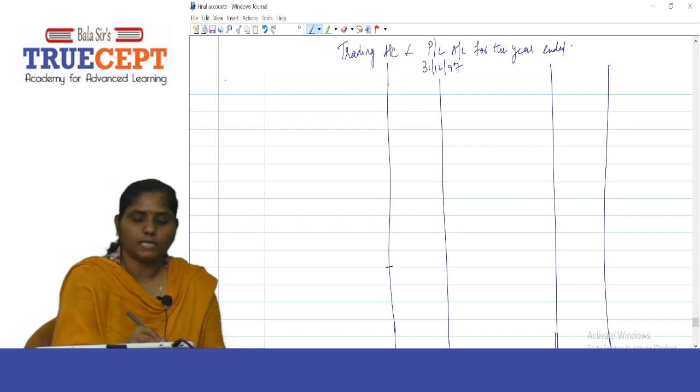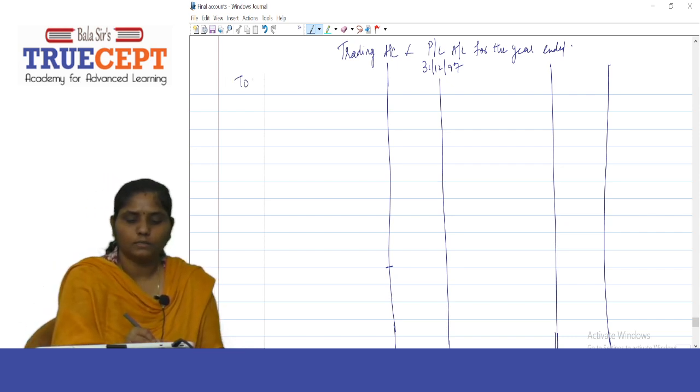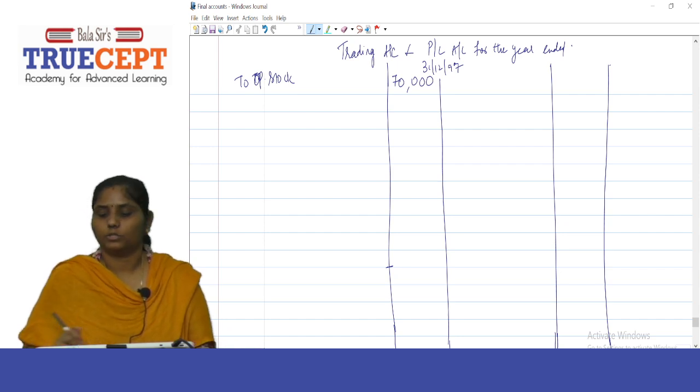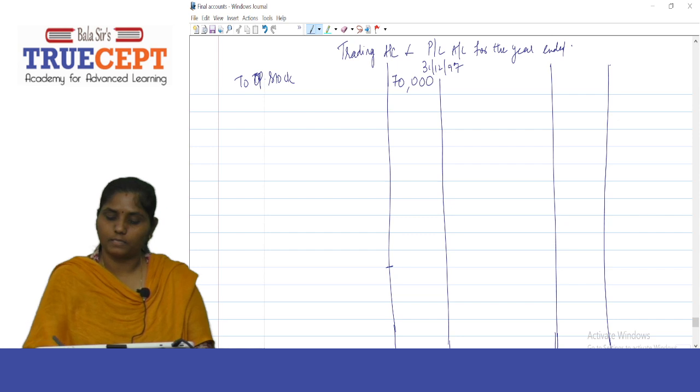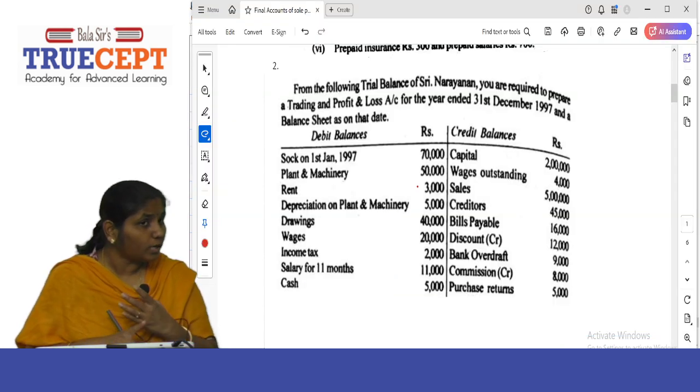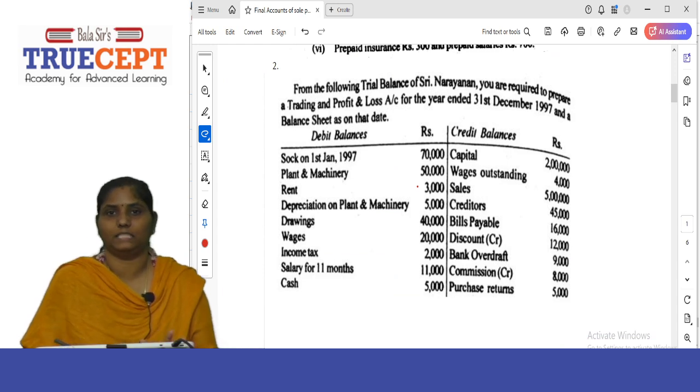Now the first item in the trading account is opening stock. How much? 70,000. No adjustments in opening stock, so I have written the amount straight away. Then you have plant and machinery 50,000. Remember, there is no depreciation in the adjustment.